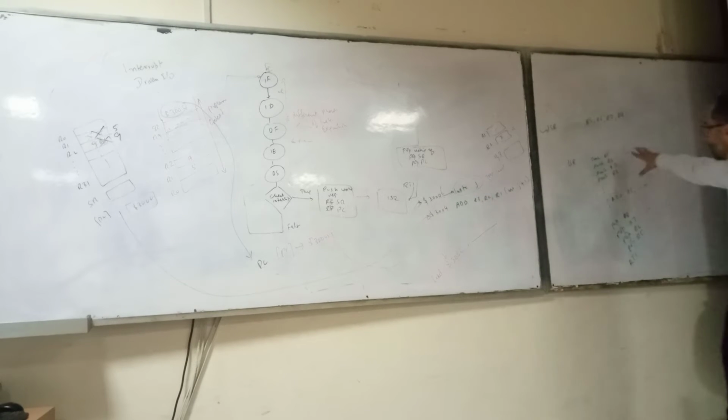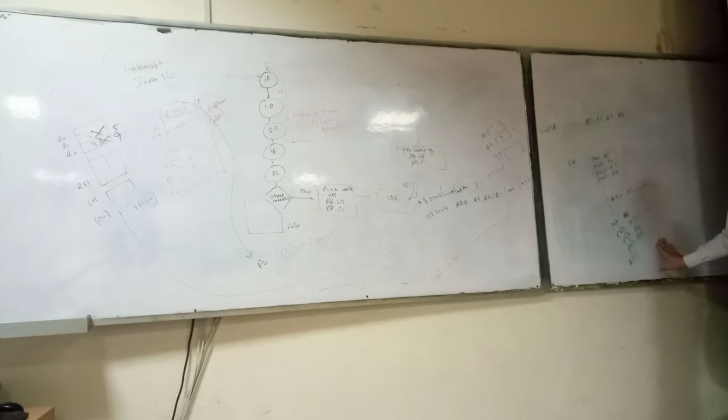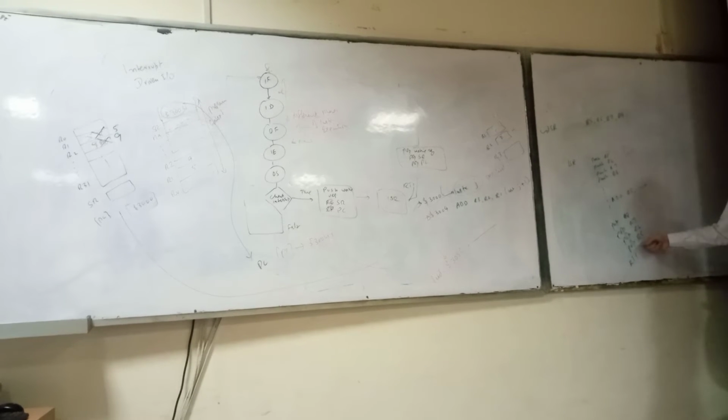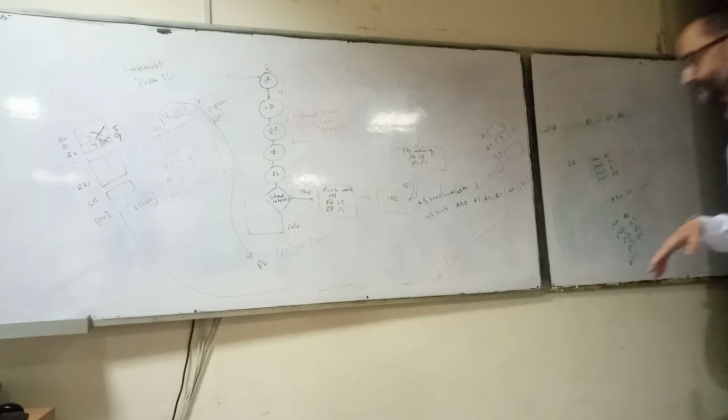And when the ISR is finished, all of the working registers are popped from the stack, the status register is popped, and the program counter is popped, and then the microprocessor will resume its normal execution. Agreed? Okay.